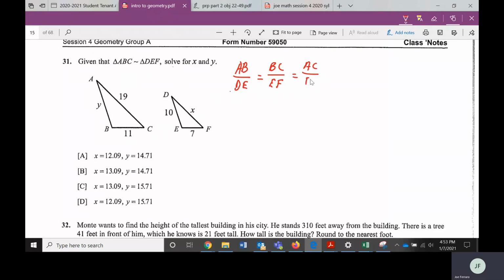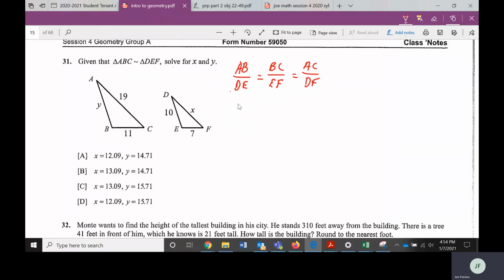So I'm writing our corresponding parts here in proportion. Even here, AC is the first and third, DF is the first and third. So you could tell what parts are corresponding even if there wasn't a picture. Now we want to find X and Y. So I'm going to fill in up here what goes in all these spots.